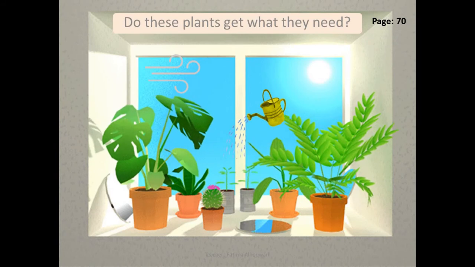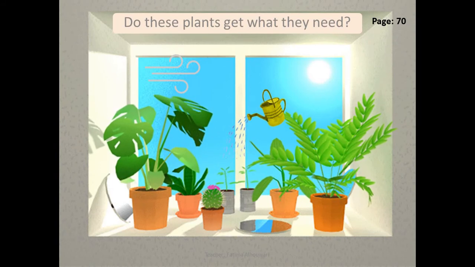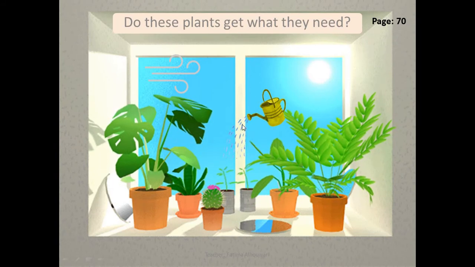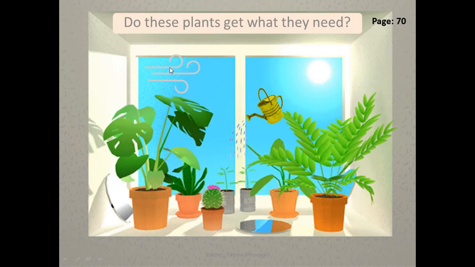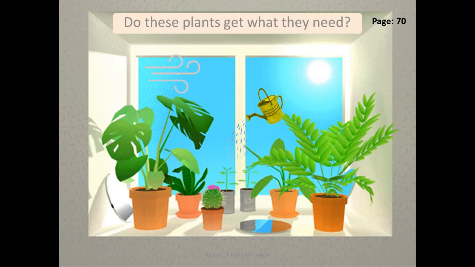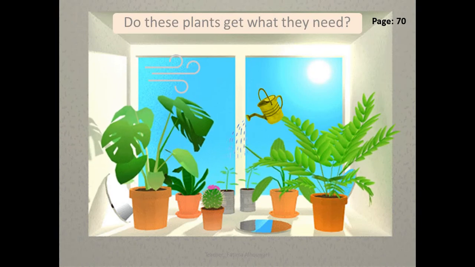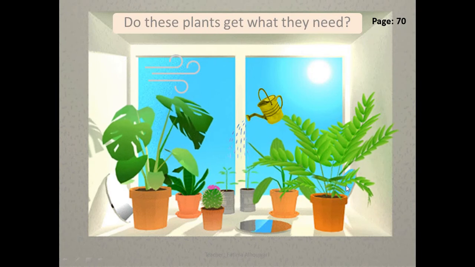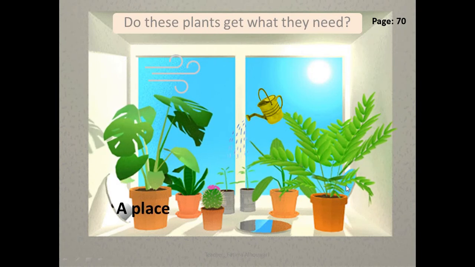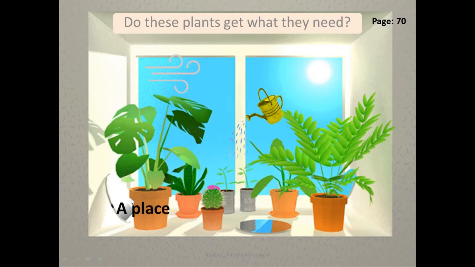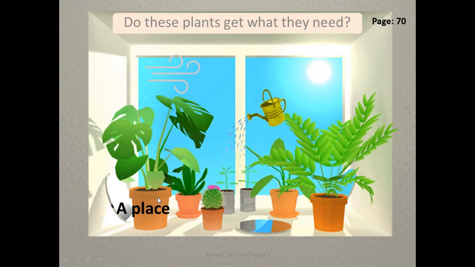So now the plants have got sunlight, water, and air. What else, grade 1? These plants also need a place to grow. They cannot grow anywhere.